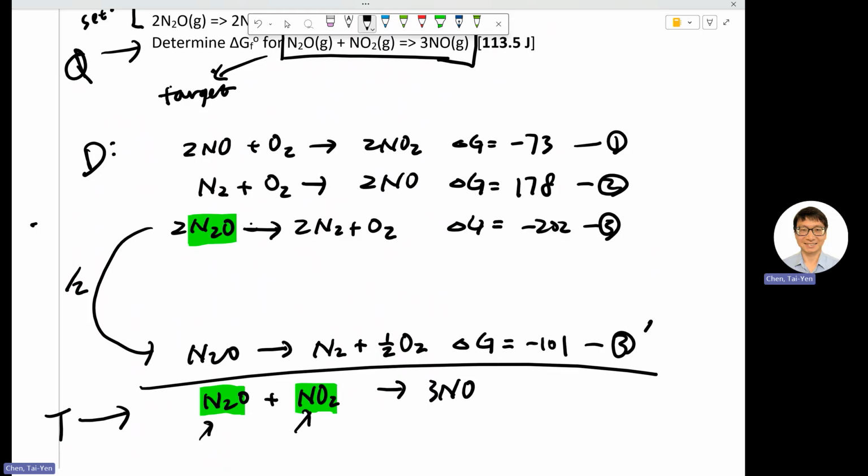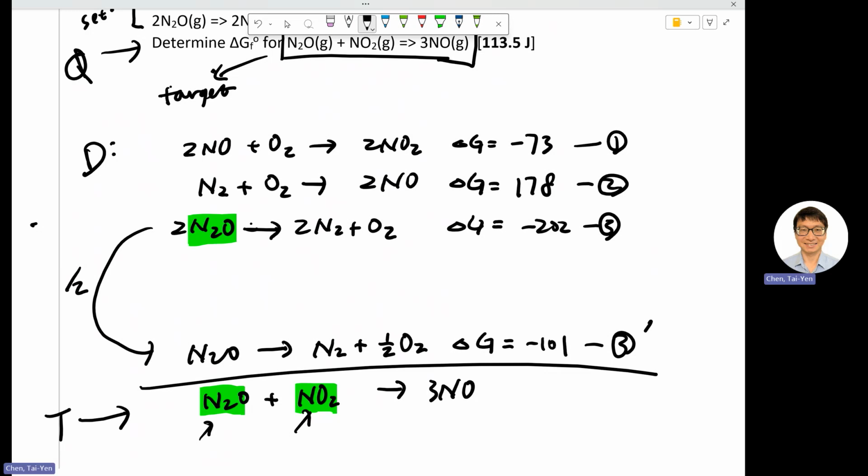Next, you want to solve the second one, right? NO2. Which equation has NO2? Only the first equation, right? What do you need to do? You have to flip it and then divide by 2.